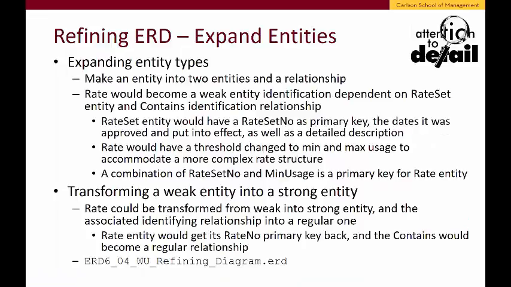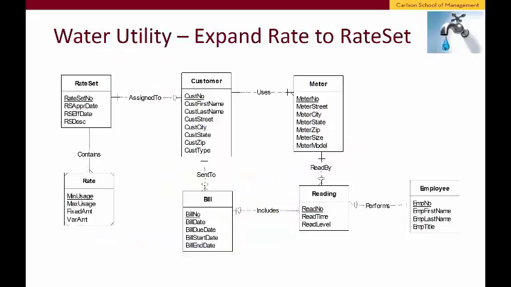So in the water utility example, we'll use the entity expansion refinement, the first one on this slide 6, but we'll leave the rate as a weak entity, and the new relationship as identifying. In other words, we're not going to be transforming a weak entity into a regular one and identifying relationship into a regular one either.